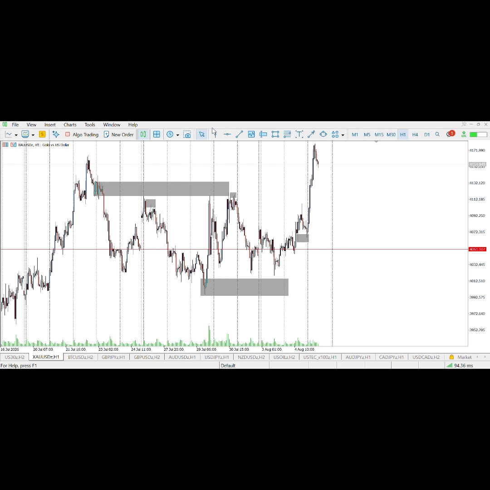Five, how far did the price move away from the level? Okay, so these are the 5 things that we have to look out for today in our class.